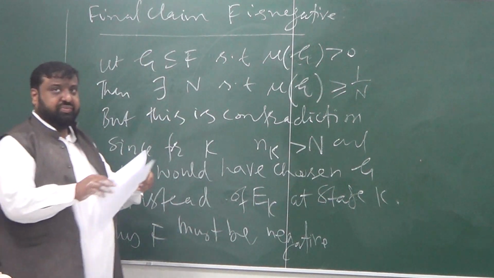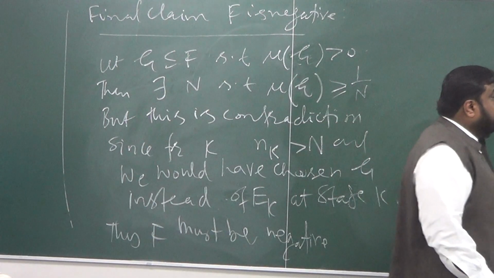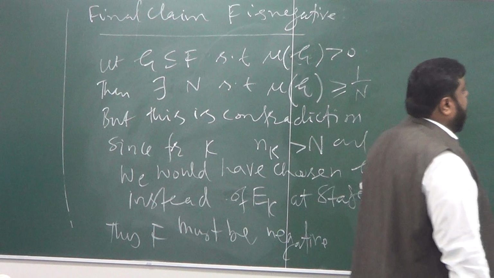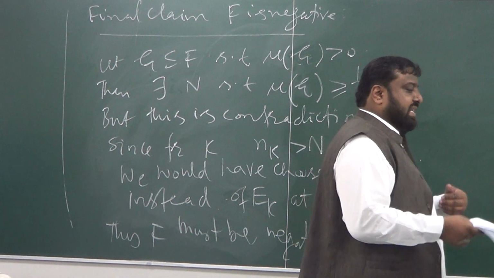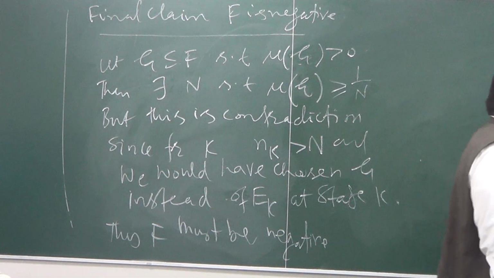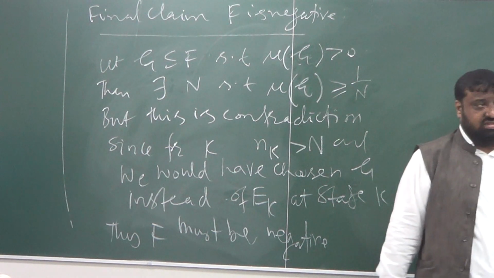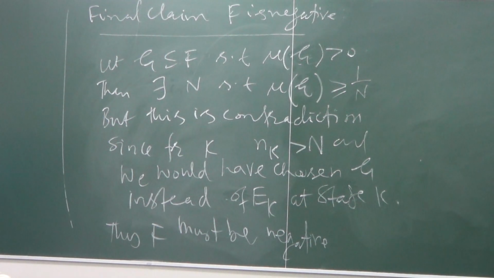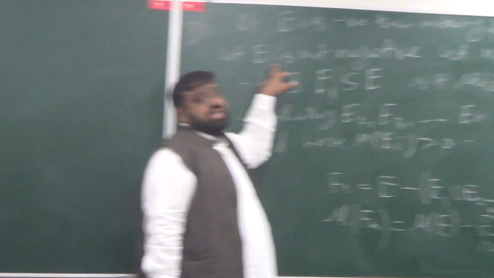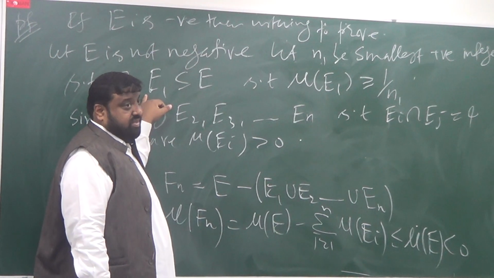Let's read the proof again. So what we wanted to show is that if a set has a negative signed measure, then there must be some part of the given set that must be negative. In technical sense, if E is not negative, then there must be a part E1 that has a positive measure.